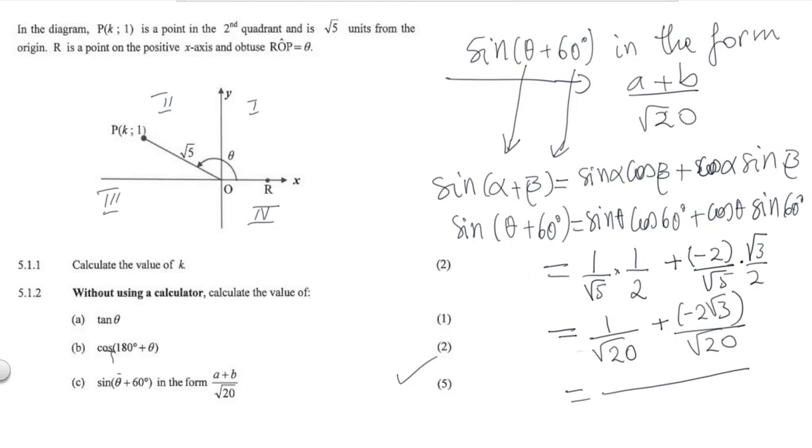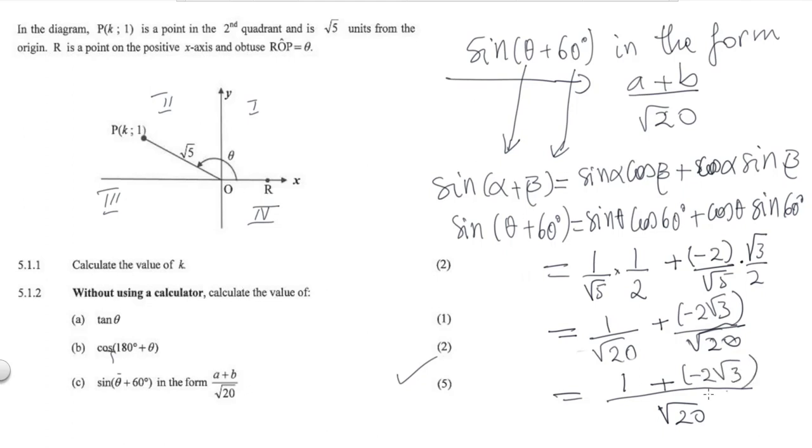Simple things here will be 1 common denominator. Our common denominator is square root of 20.